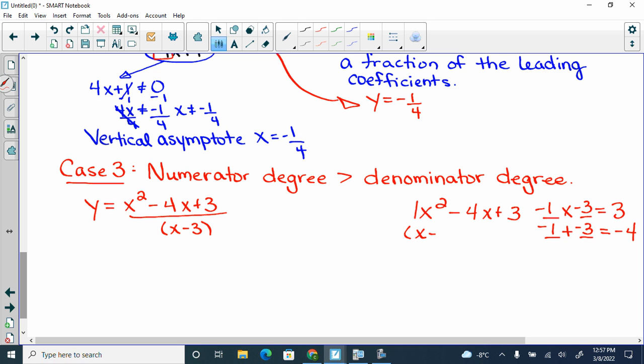So I get x minus 1, x minus 3. And remember, if you can't do product sum or decomp, or that doesn't make any sense to you, or you don't have a method that you were taught that works, come in and get help. So, x minus 1, x minus 3 goes on the top. And then on the bottom I have an x minus 3.